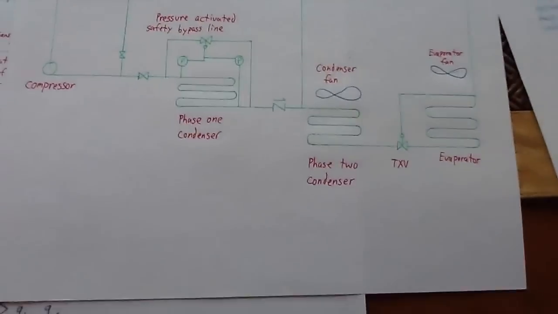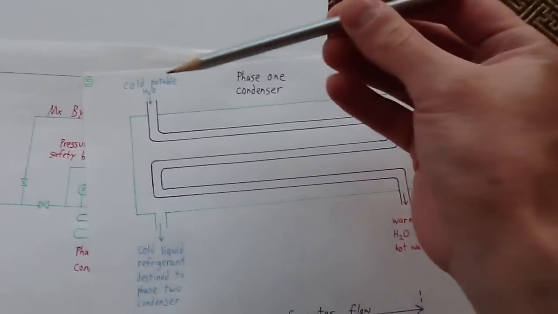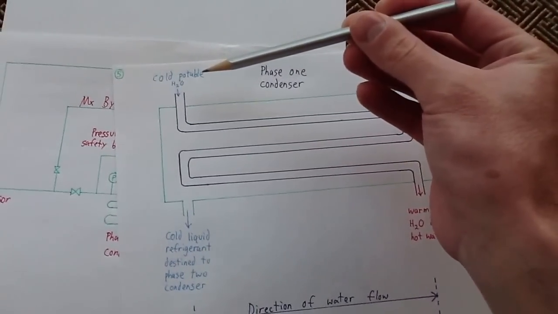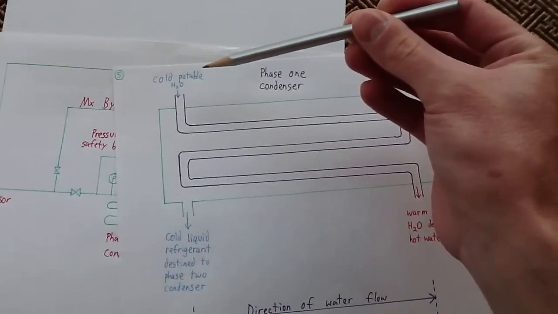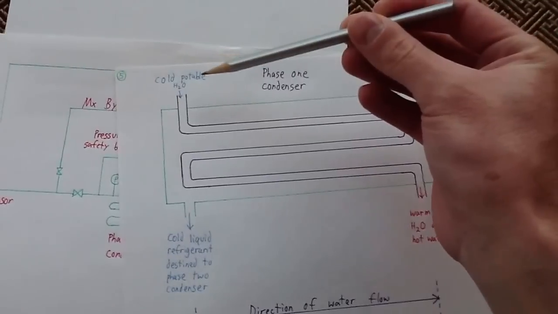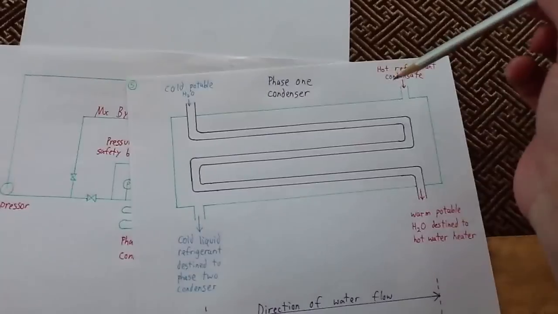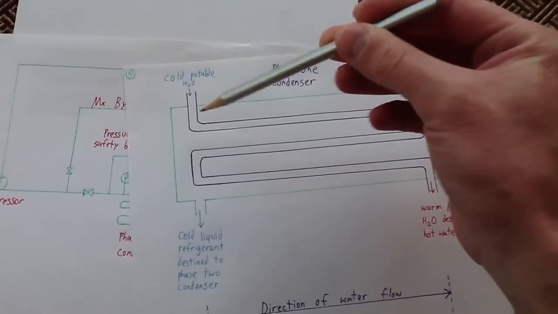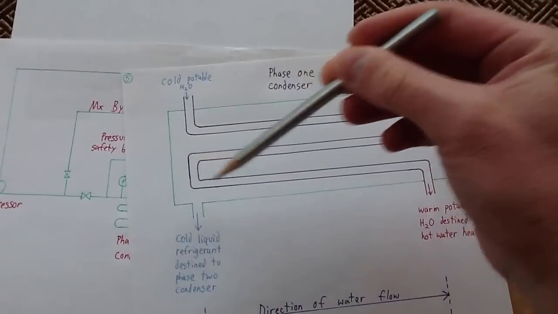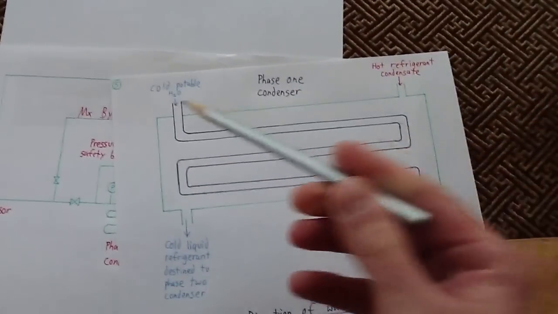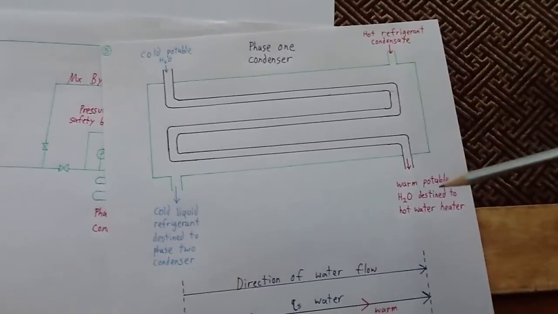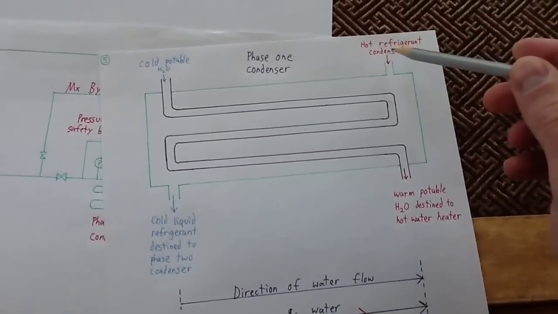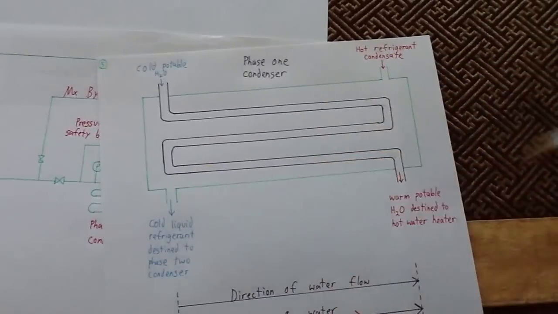And the third way that it's going to save money and become energy efficient is because the water that's coming into a building from the city or from the state or from your water well or whatnot, as it exchanges heat with this refrigerant, you're adding temperature to it. And you're doing that before it goes to the hot water heater. So you're taking cold potable water, you're heating it up free of charge with the hot refrigerant as it goes this direction.